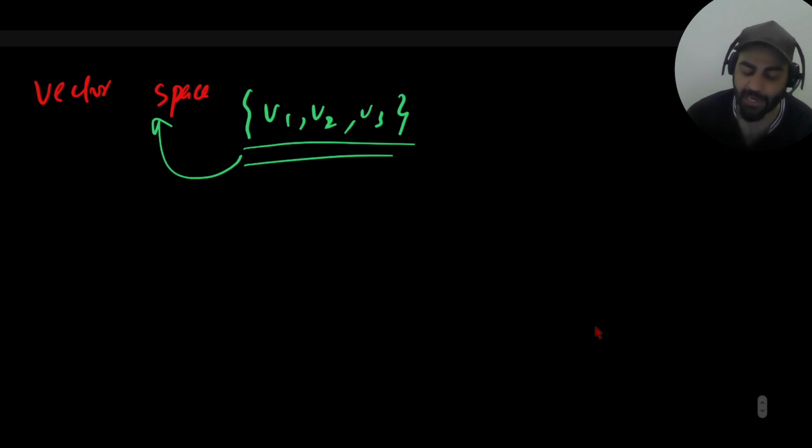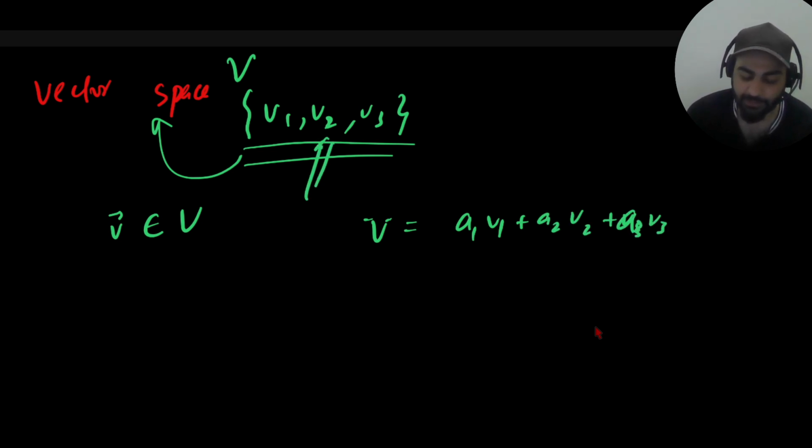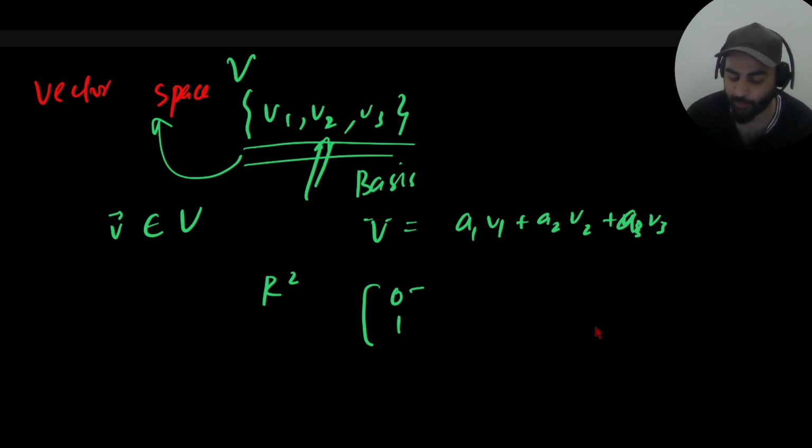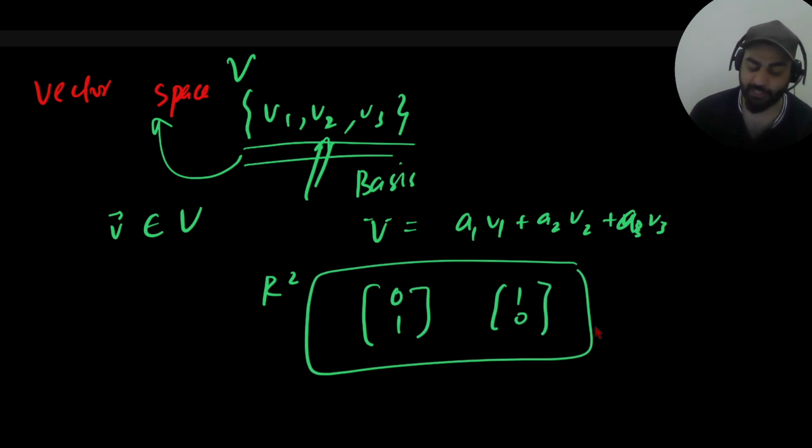If we take any vector small v from this vector space, and we are able to get this v by taking a linear combination of these three vectors, we call these three vectors a basis. For example, in our R2, the standard basis is 0 1 and 1 0. By using these two vectors, you can create any vector. So that's the concept of basis.